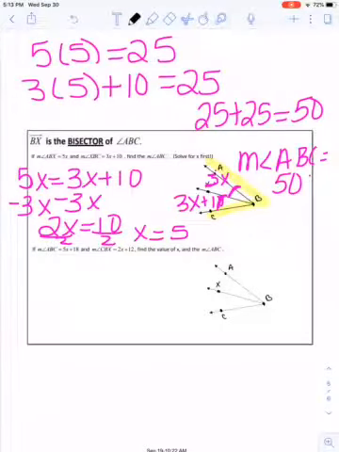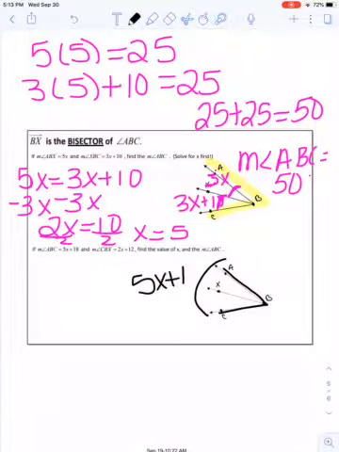Now, let's look at the next one, because the next one's a little different. If ABC, the whole entire thing, equals 5x plus 18, and we have CBX equals 2x plus 12, then we want to find the value of x and the measure of ABC.